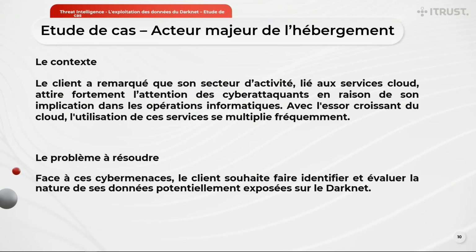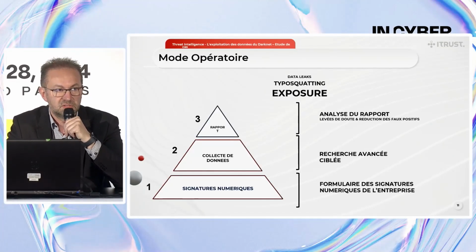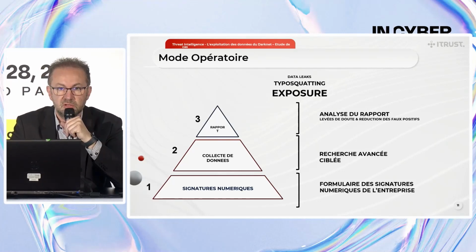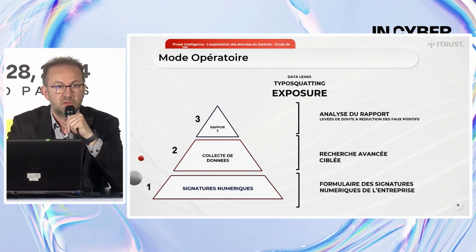Faced with these cyber threats, customers want the nature of their data potentially exposed on the Darknet identified and assessed. So we are going to see what the digital signatures are. They have different shapes. You can have identity, email addresses, names of brands, of domains.